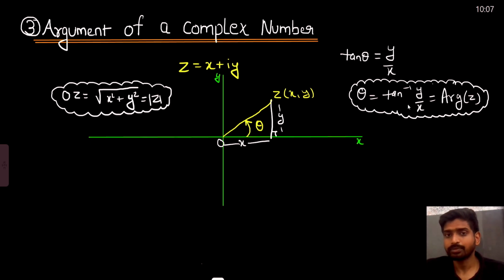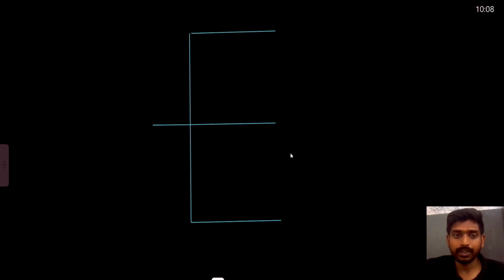Now, this angle can be measured in different ways, right? So what we will learn now is, what are the different types of argument? There are mainly three types of argument. The argument of a complex number is denoted by arg of z.